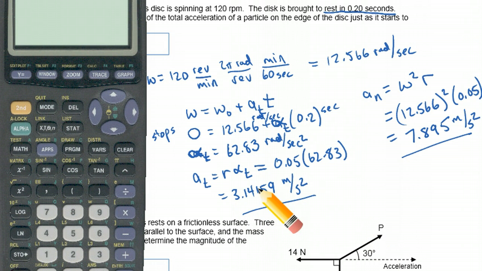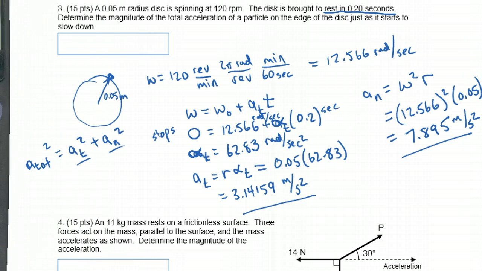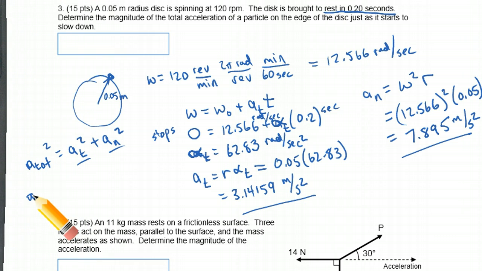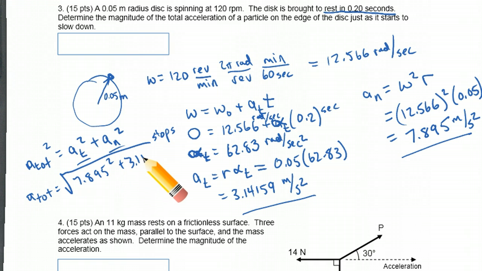Tangential acceleration is that, and so we'll combine them over here. 7.895 squared plus that.